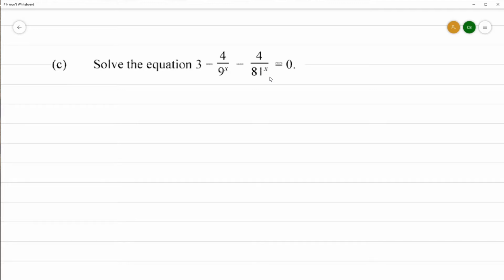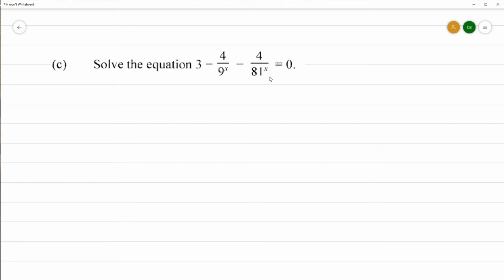So it will be 9 to the 2x. So we can make some headway with the question if we rewrite this 81 as 9 to the power of 2x. And in that way we could probably form an equation that looks like a quadratic that we could probably solve. So that's the approach that I would like to take.